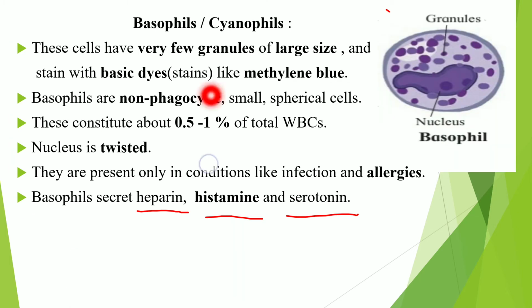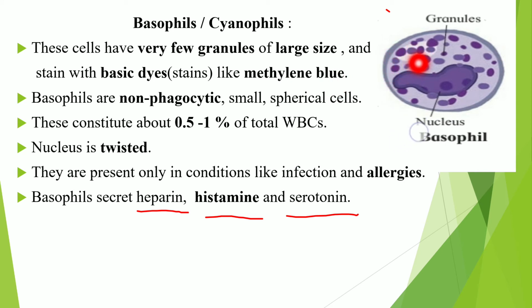Now see another type of the granulocyte, that is basophils or cyanophils. So these basophils or cyanophils have very few granules of large size, and these granules they stain with basic dyes or basic stain like the methylene blue, and hence called as a basophils.